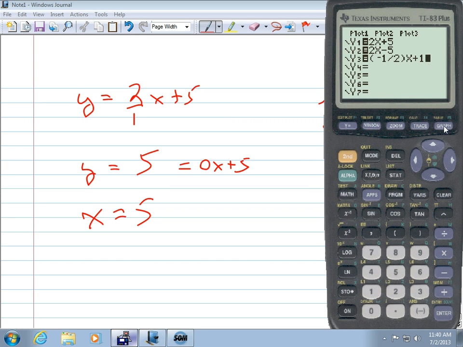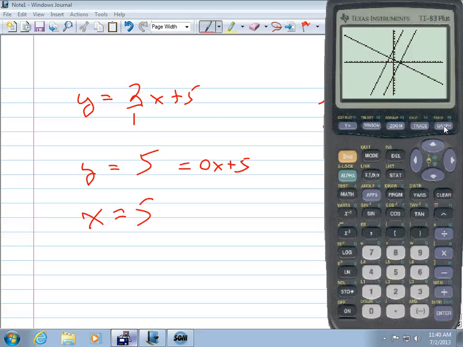And this third line should be, when I graph it, what should it look like? Perpendicular to the other two. There you go. Okay? So any questions on horizontal, vertical, parallel, perpendicular? That's all that this section is about, aside from intersecting lines.